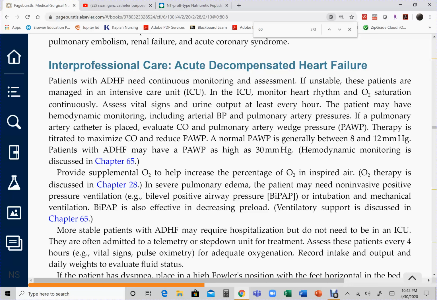So the best way here is to anticipate the impending decompensation. To accomplish that, we have to measure pressures inside the heart rather than outside. So we will need a pulmonary artery catheter. I'll give you a crash course on it.